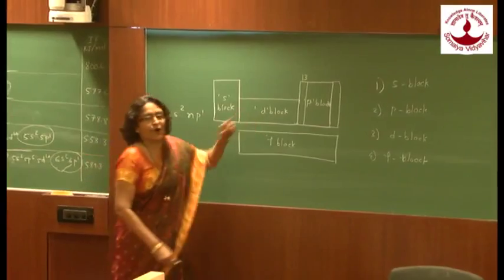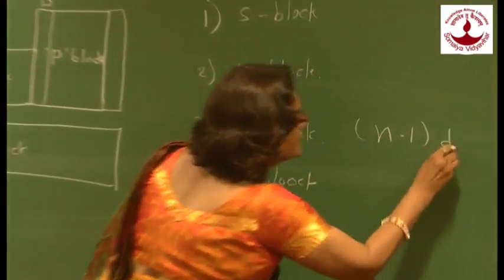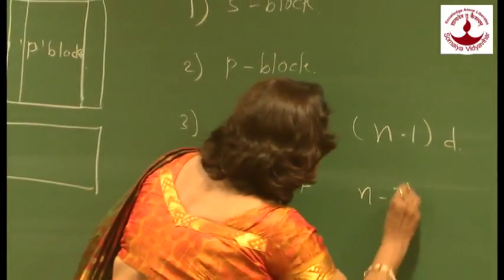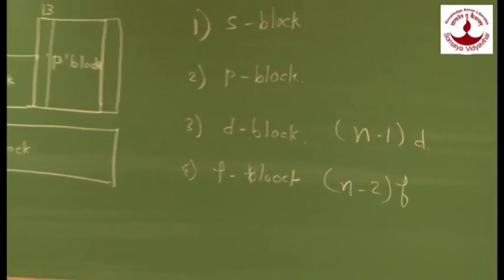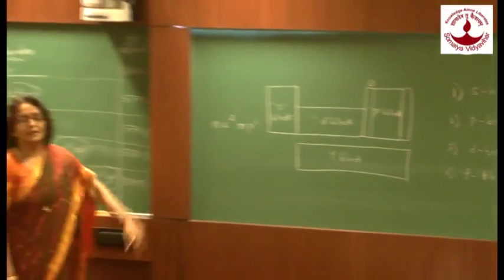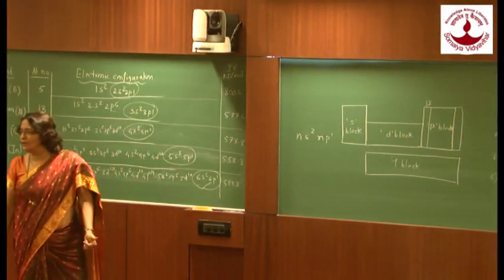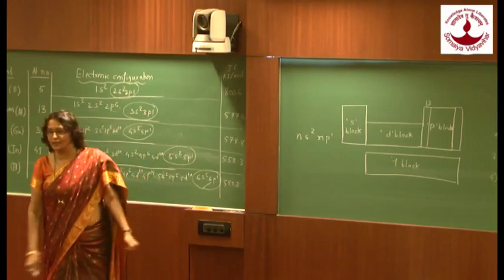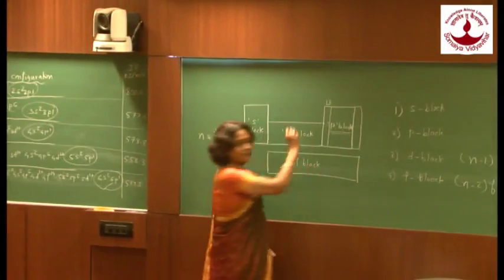In D block elements, it enters the (n-1) d subshell, whereas in F block elements, it enters the (n-2) f subshell. So all our group 13 elements have a general valence electronic configuration of ns2 np1. They have their characteristic electron in the p subshell, and therefore they are called P block elements.